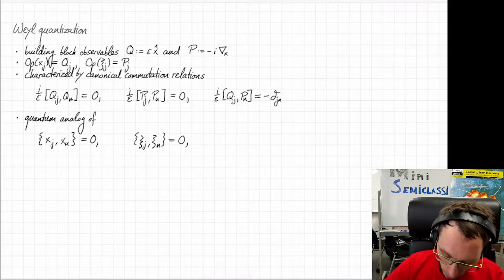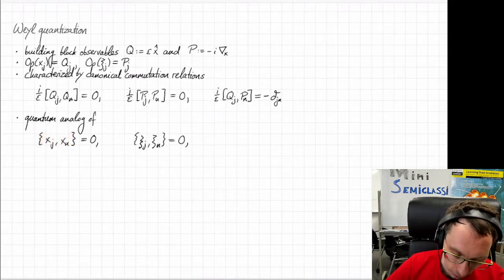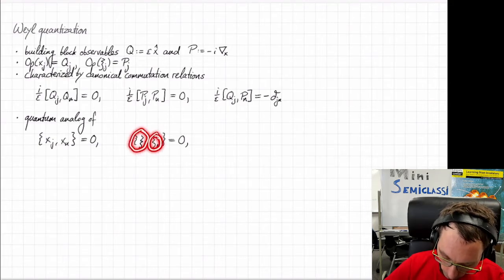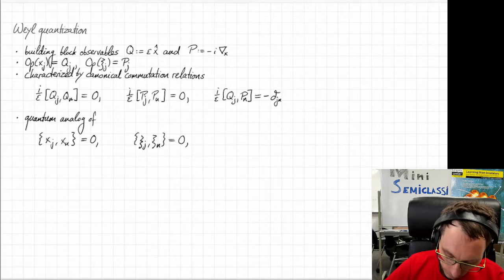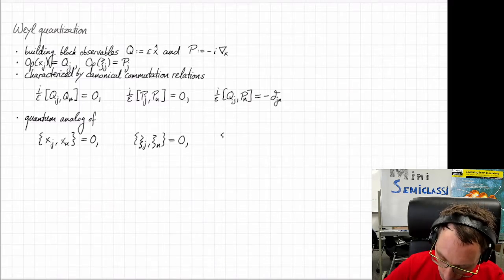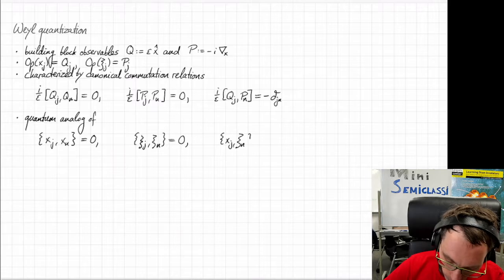This is because one of these two functions is always derived with respect to momentum, or here one of these functions is always derived with respect to position, which means you get 0. And then the Poisson bracket of xj and xi n is equal to minus delta jn.